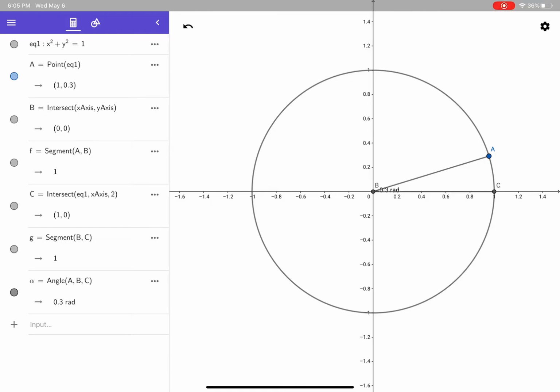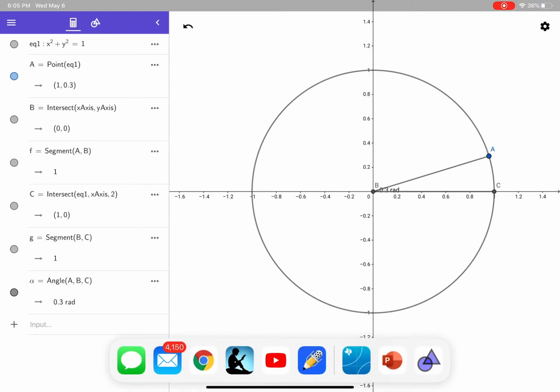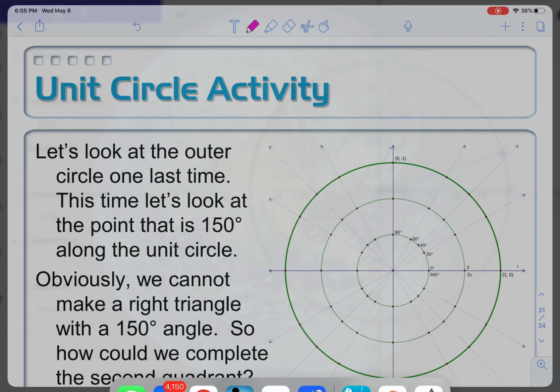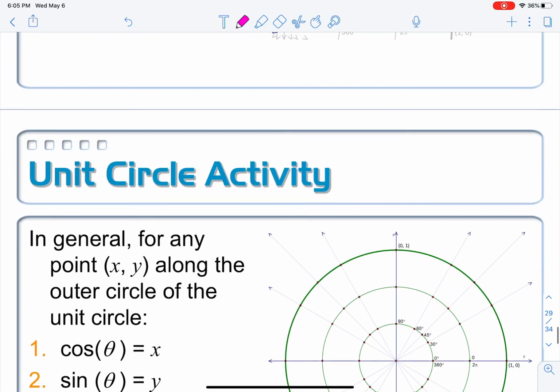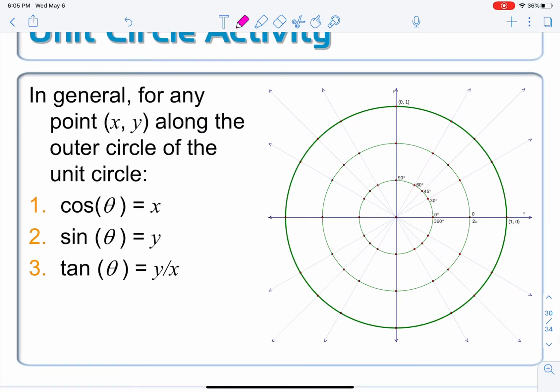Okay, as a matter of fact, let me come back over here to the slideshow. We said, for example, that this coordinate was the square root of 3 over 2, comma, 1/2. This is my x coordinate, this is my y coordinate, that is cosine, and this is sine.